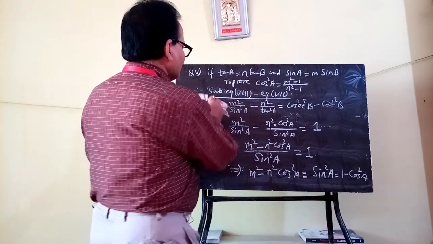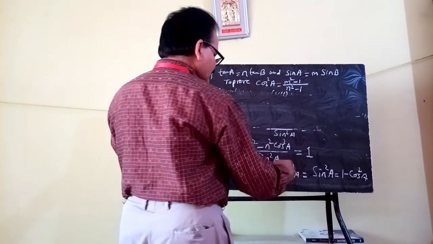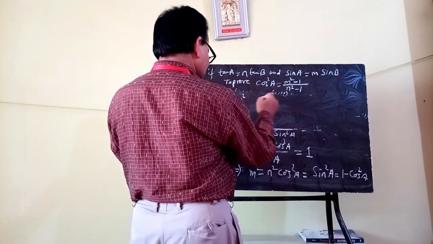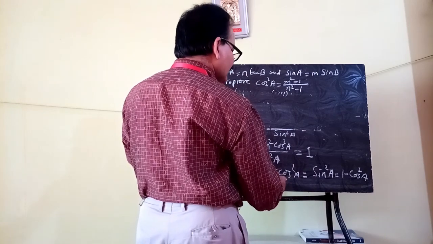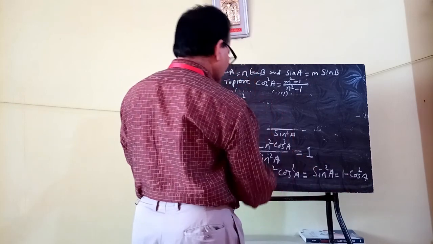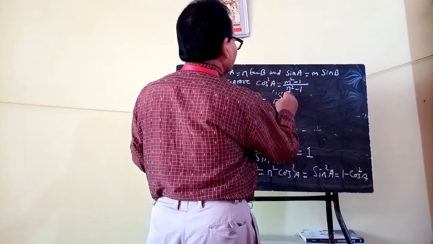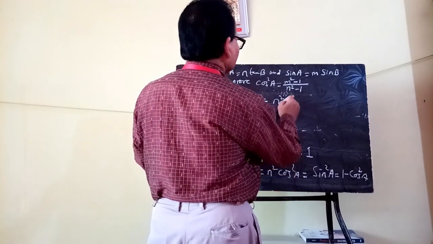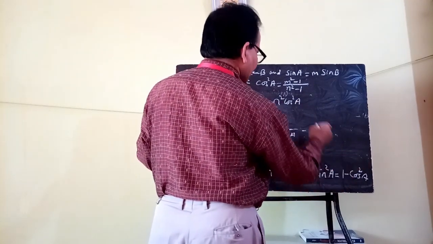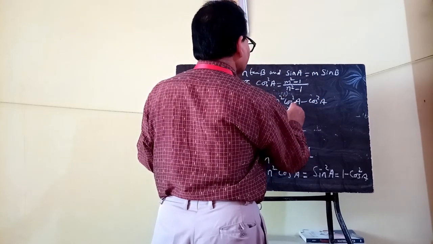Here what you will do, you take the n square cos square A term to the right side. You just transpose the values from left to right. So on the left side it is m square, and you take 1 to the left side, so m square minus 1. On the right side, it is n square cos square A, and here it is minus cos square A. Now you take cos square A common.